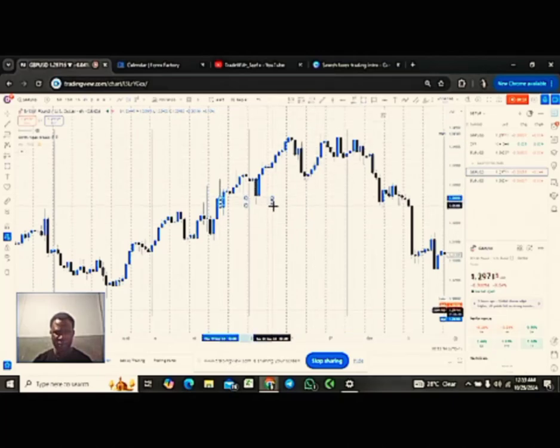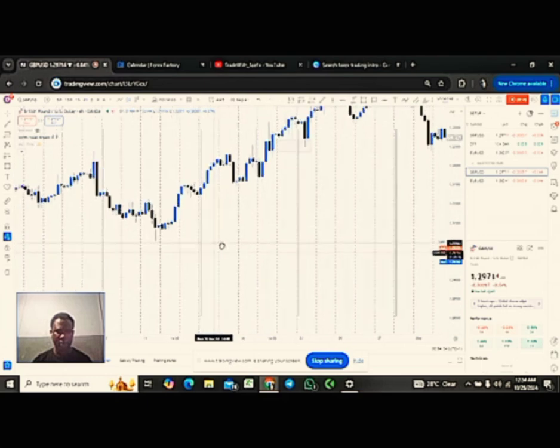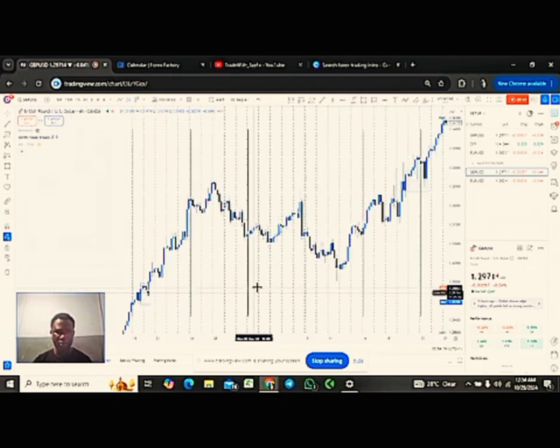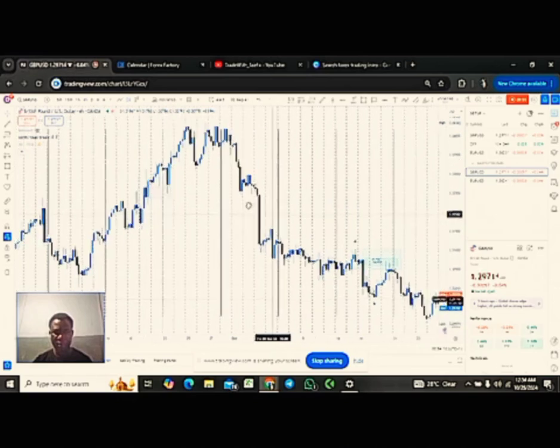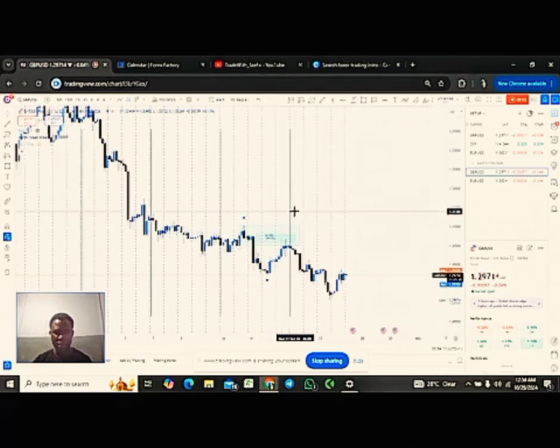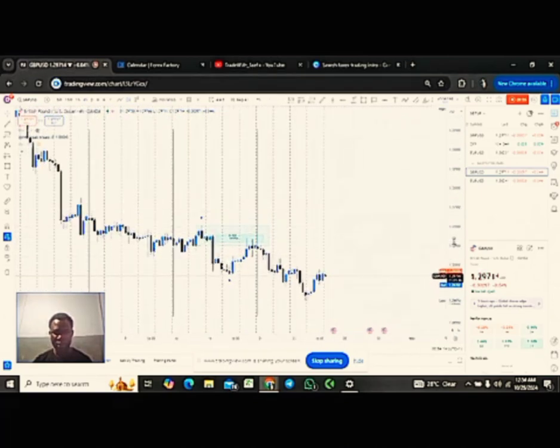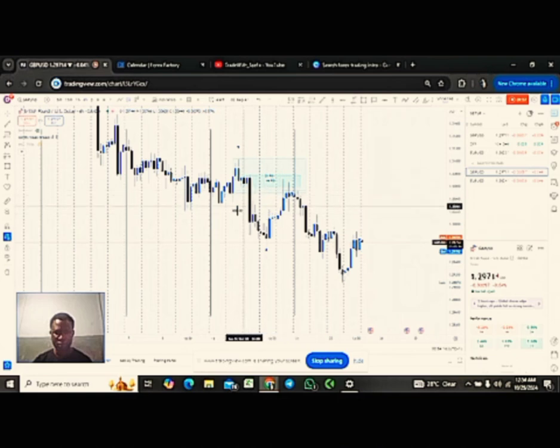You can see price lifted that place, resumed, then boom, it moves to the upside. There is also another block here that price tapped into, then moved to the downside.